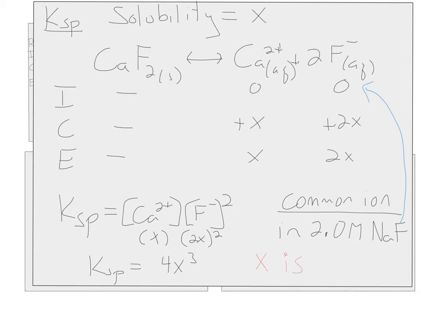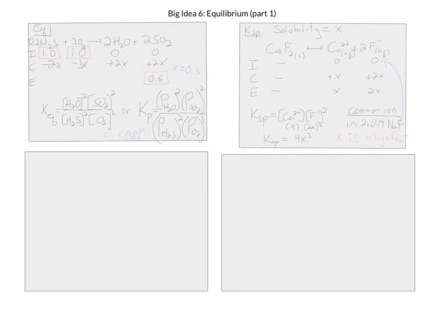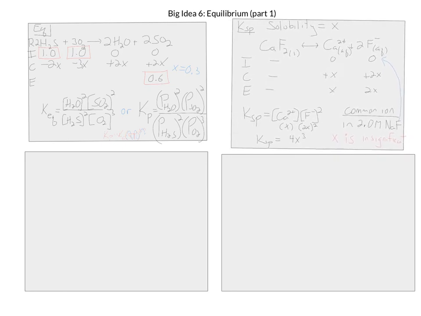So for whatever term you have a starting amount of, you do not need to subtract the x's. The initial concentration is the final concentration. So we definitely want to have common ions worked out as well.